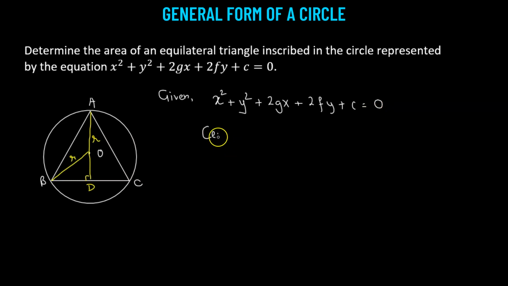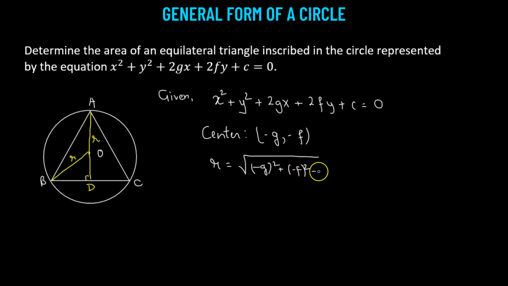If we are given the general form, then the center has coordinates negative g comma negative f, and the radius is given by r equals square root of g squared plus f squared minus c. So we have the information regarding the radius and the center. What we need here is to find the length OD and the length of BD first.